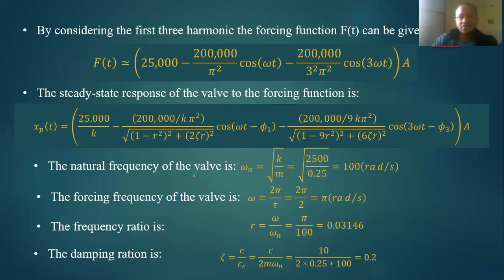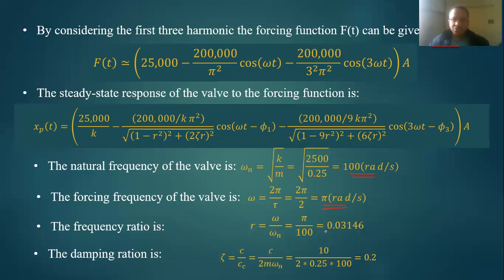Now we have numeric values given in the equation. Let's consider the natural frequency, square root of k over m, because it is already given: 2,500 divided by 0.25. So this is the natural frequency. The forcing frequency is 2 pi over time period T, which gives pi rad per second.